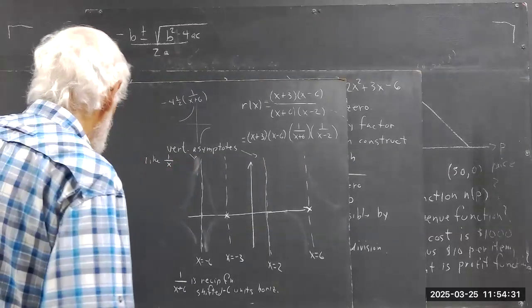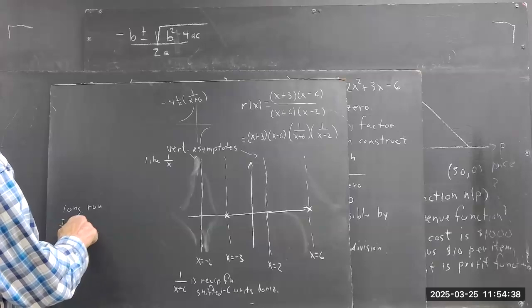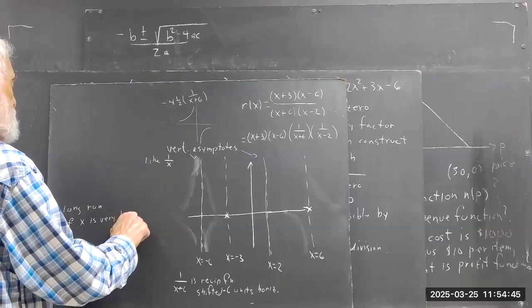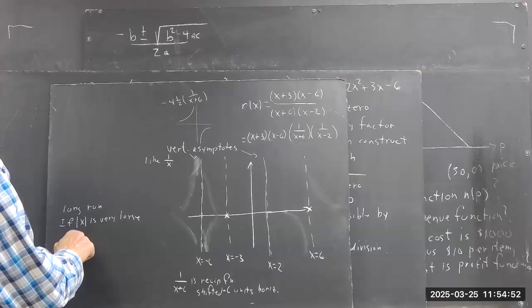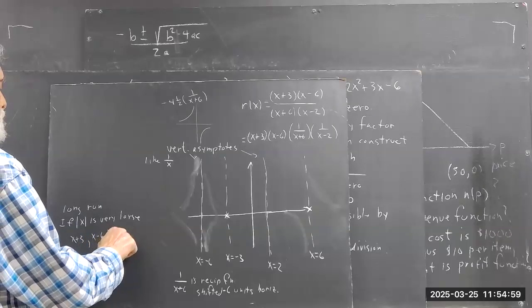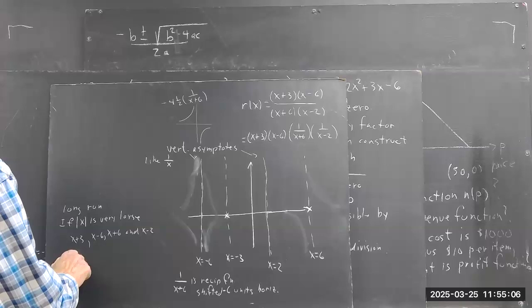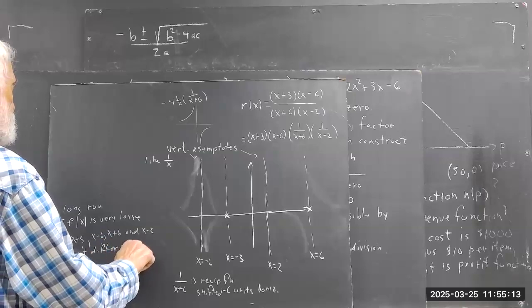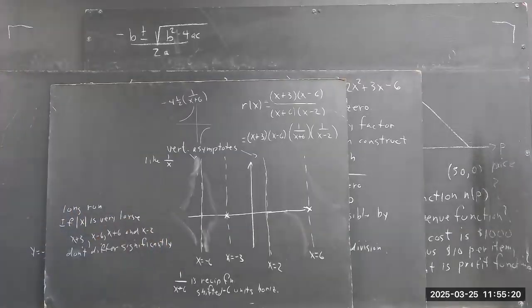So the long run behavior: if the absolute value of x is very large, none of these differ significantly.